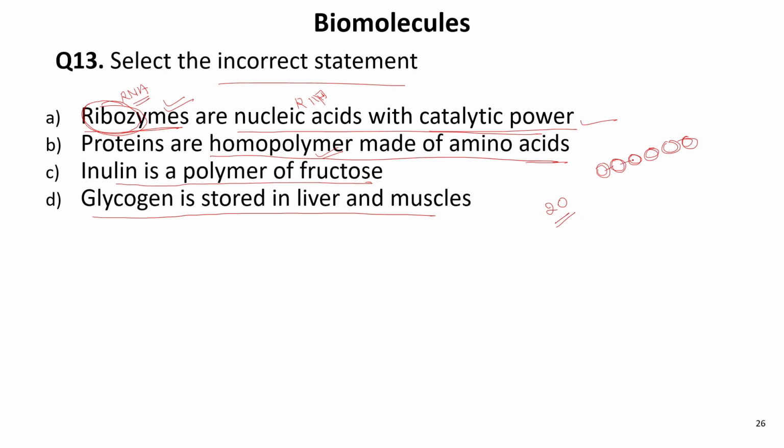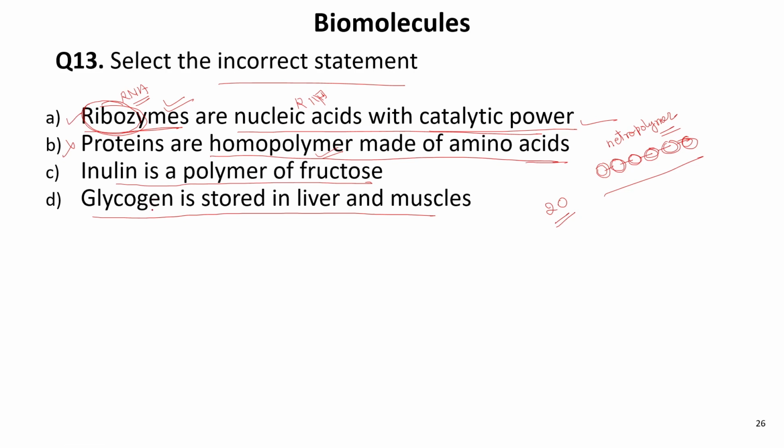These amino acids unite to form a polypeptide. So this is not a homopolymer. This is a heteropolymer. So this is incorrect. The first one is correct. So you got the answer.